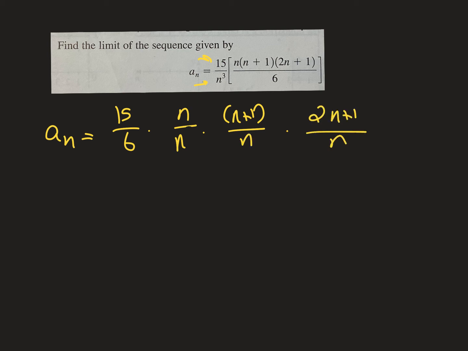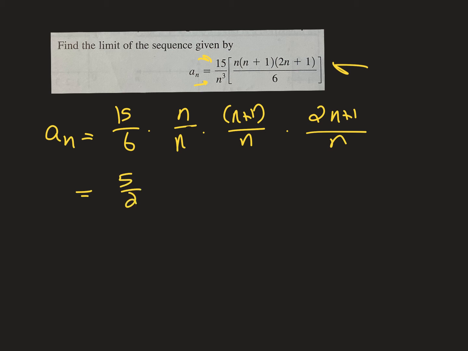I'm going to write it like this: I'm going to take the 15 over the 6, the n over the n, the n plus 1 over an n, and the 2n plus 1 over an n. Now that is exactly the same thing as what is written up here. It just looks a little bit different, right? Just math there. So I'm going to keep on breaking it down.